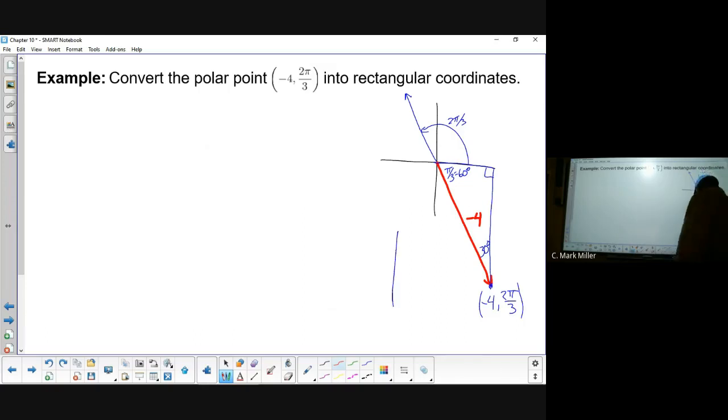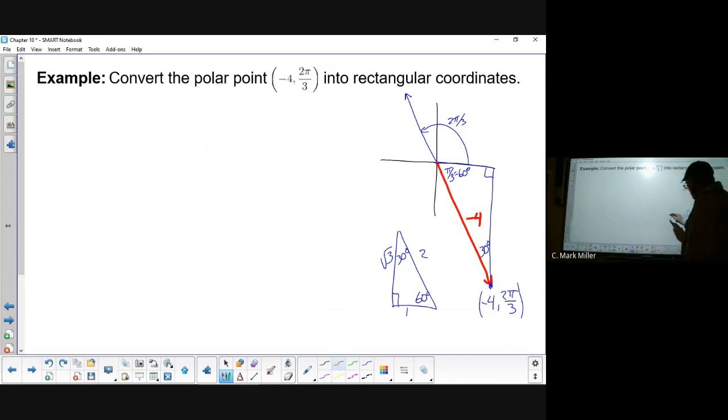So for example, a 30, 60, 90 triangle has sides with the relationship 2, 1, square root of 3. That's one you should know.